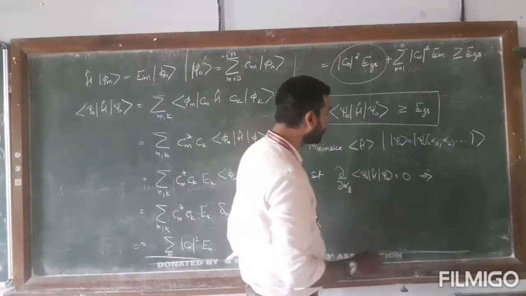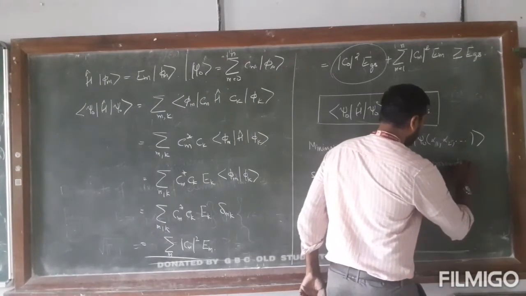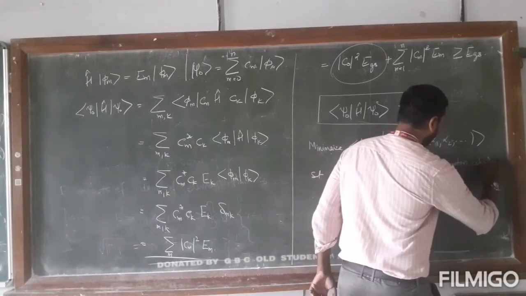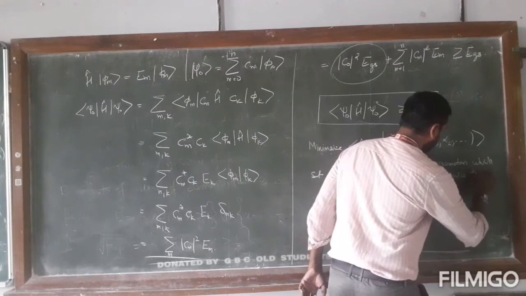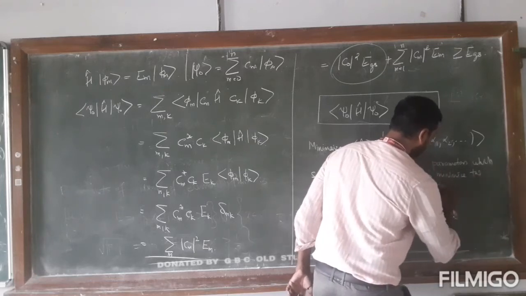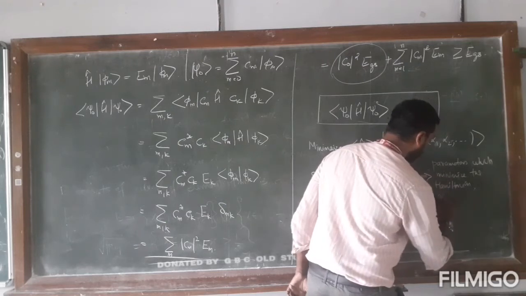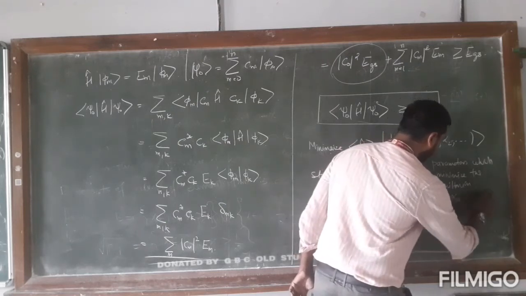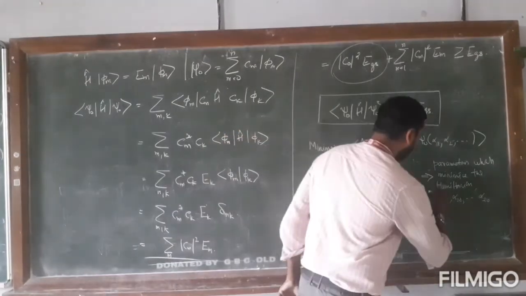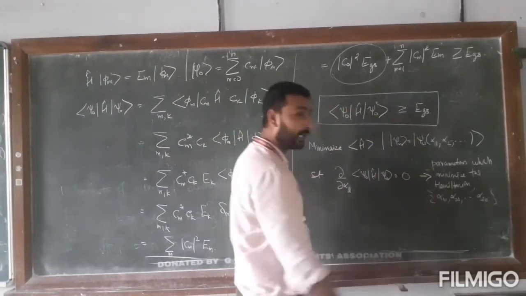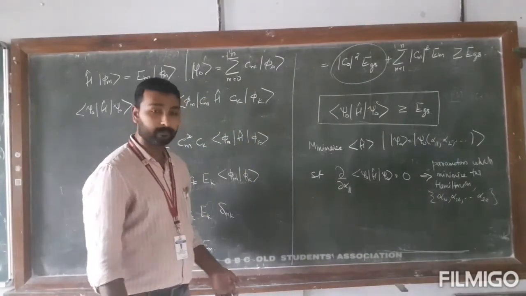Okay, so the parameters which minimize the Hamiltonian I can write as alpha 1^0, alpha 2^0, etc., up to alpha n^0. Suppose this is the set of parameters which minimize the Hamiltonian. Then I can directly find H minimum.